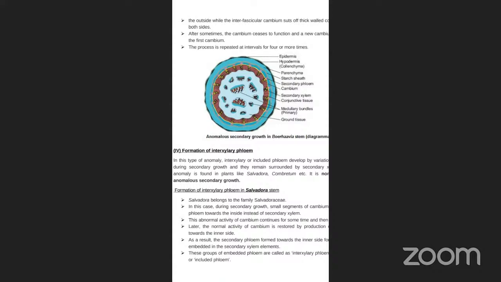The vascular bundles are covered by the starch sheath. Then the cambium forms secondary phloem and next secondary xylem, then conjunctive tissue.